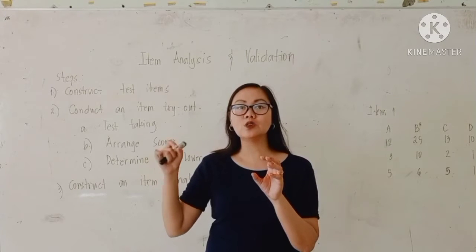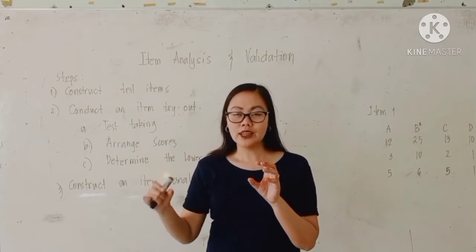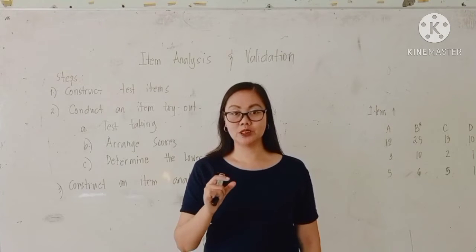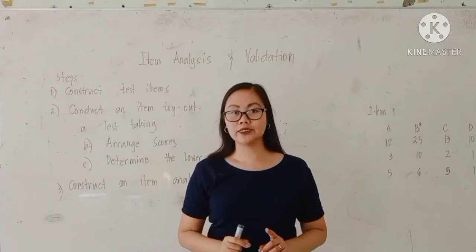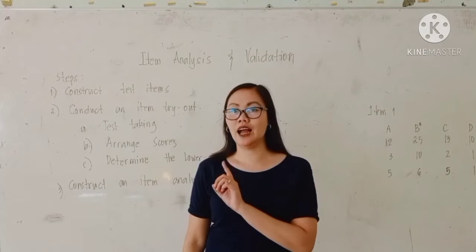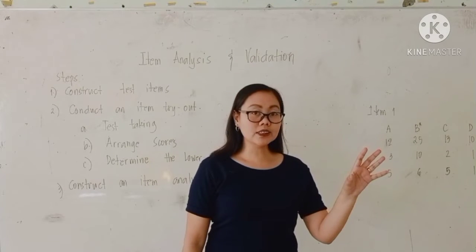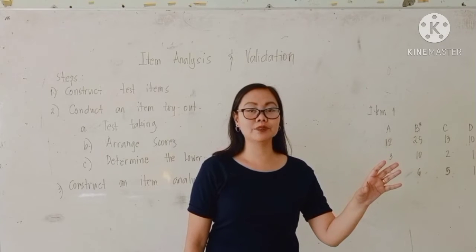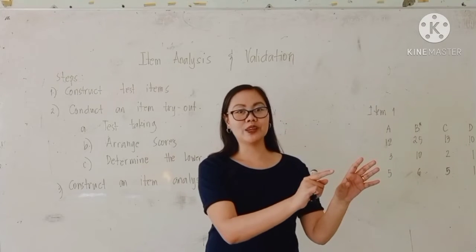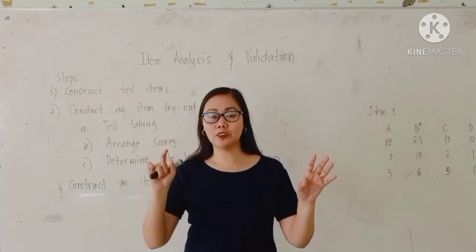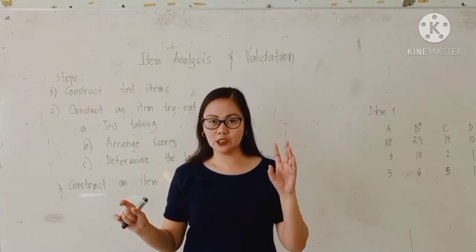Since you would like to have an item tryout, you are not just going to construct 10 test items, but you will be constructing 20 test items. I will repeat. Kung ang nakalagay sa TOS, 5 items, dodoblihin mo yung 5 items na yun, gagawin mo 10 items. So you will be constructing 10 items instead of 5 items.